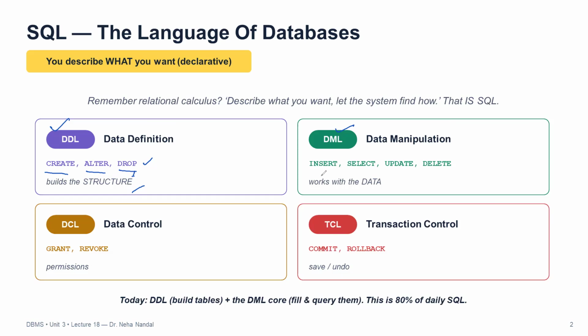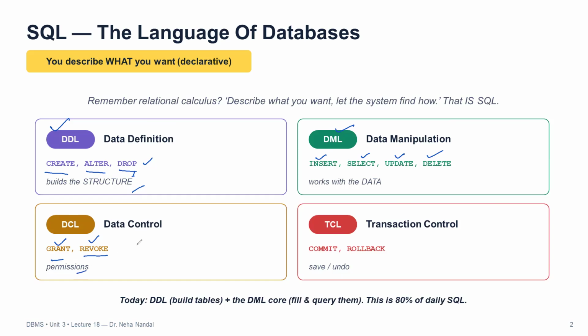Then DML, you are working on the data. Basically, you are manipulating the data, inserting some new data, retrieval, selecting the data, update the data, and delete. So you're changing the data inside the table. Then data control language means you are granting some access, permissions, or taking away some permissions.